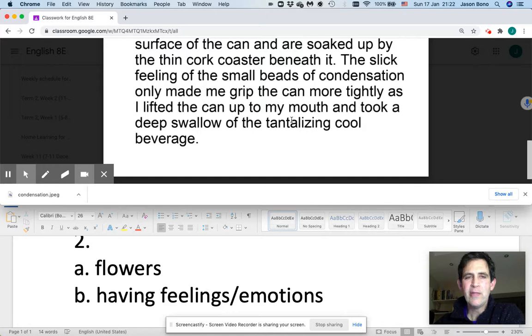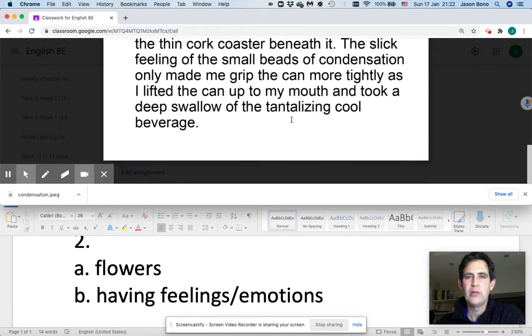The slick feeling of the small beads of condensation only made me grip the can more tightly as I lifted the can up to my mouth and took a deep swallow of the tantalizing, cool beverage.